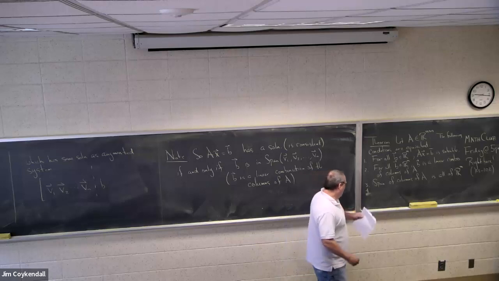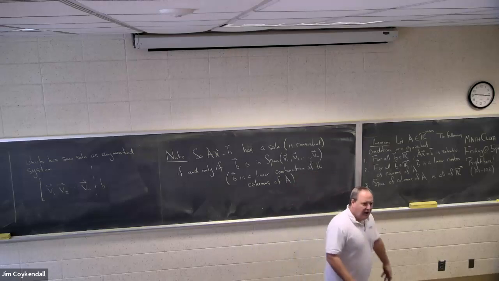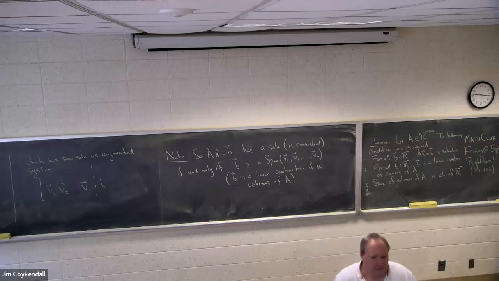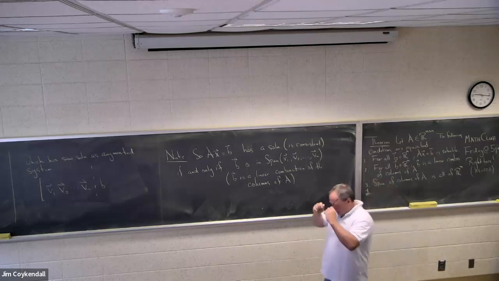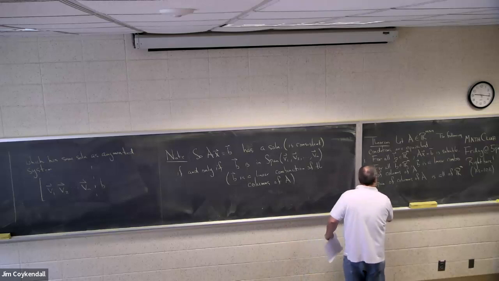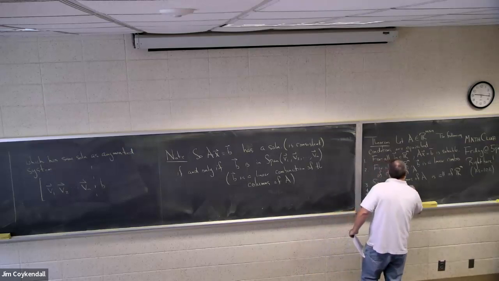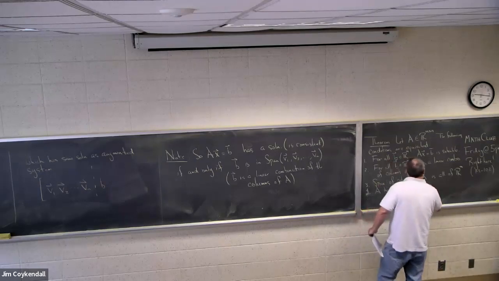And number four, this last one is kind of the working mathematician's way of thinking about it. It's kind of convenient when you're doing computations. A has a pivot in every row.